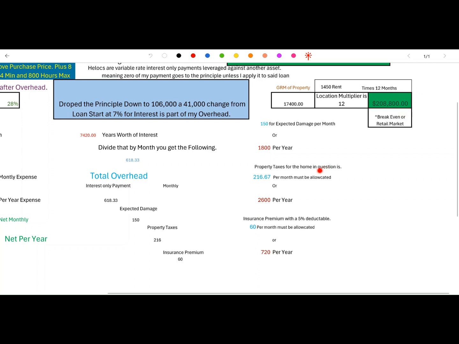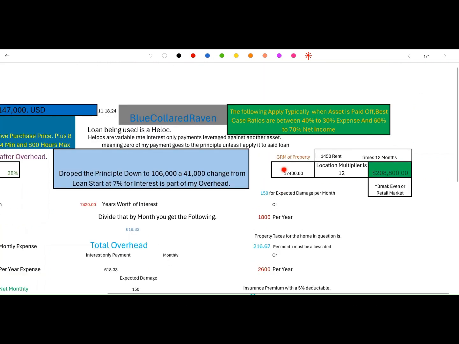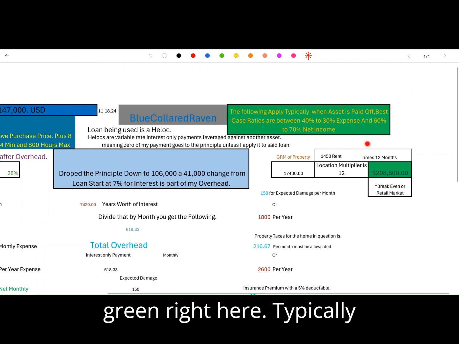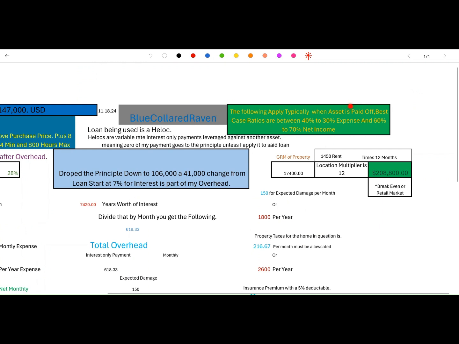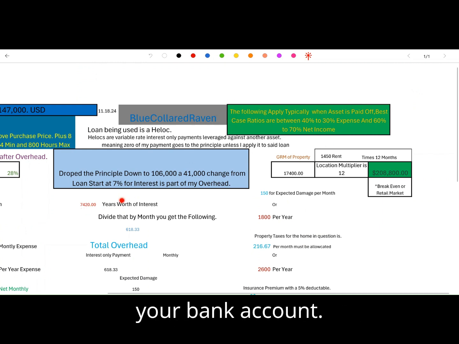Okay. And here's a little side note. Up here, so this green right here, typically when an asset is paid off, meaning that 7,420 goes into your bank account, this is the best you can do.